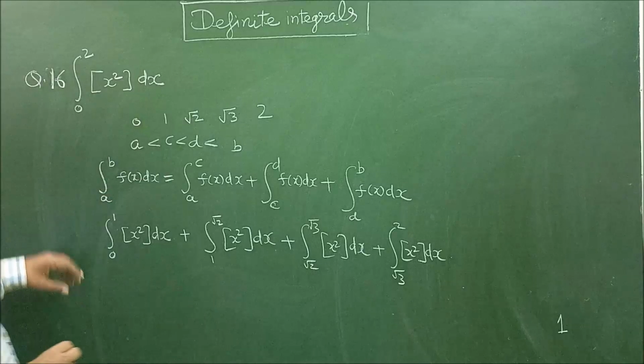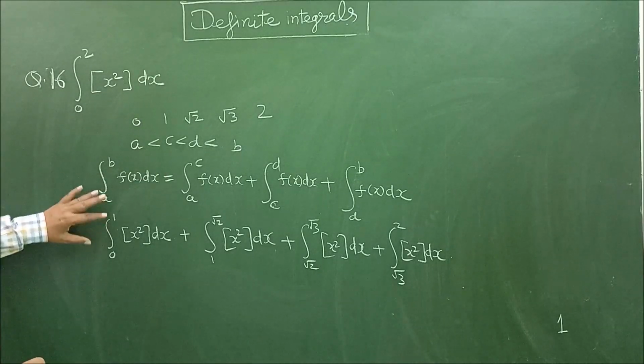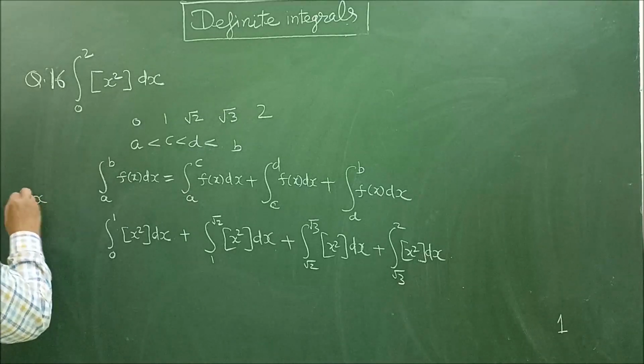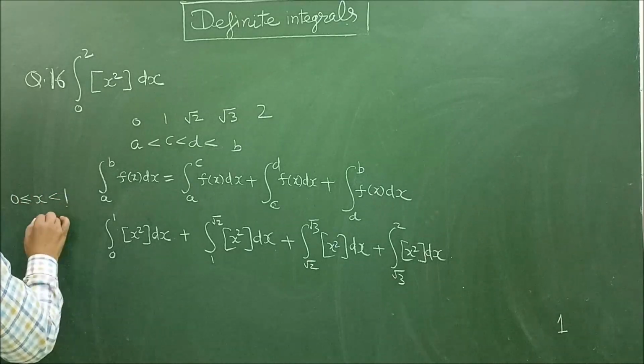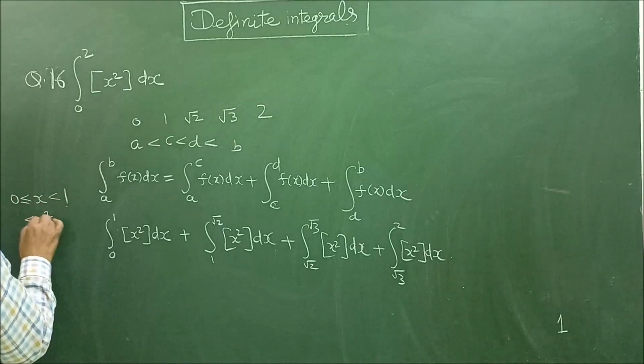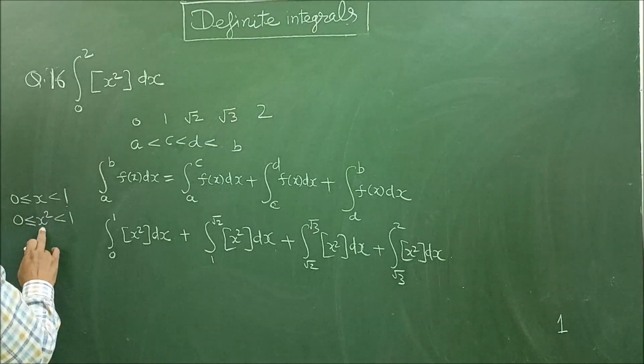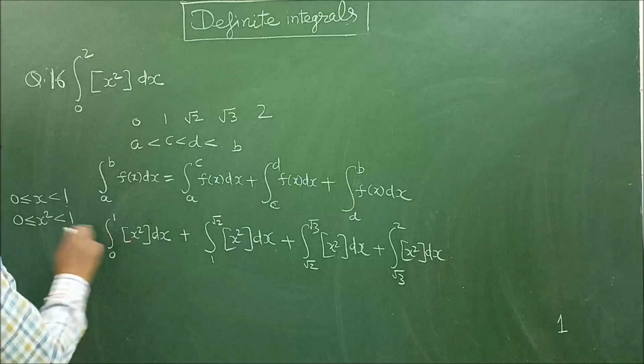Now if x varies from 0 to 1, in that case the value of x square will vary from 0 to 1, so the greatest integer x square will be equal to 0.